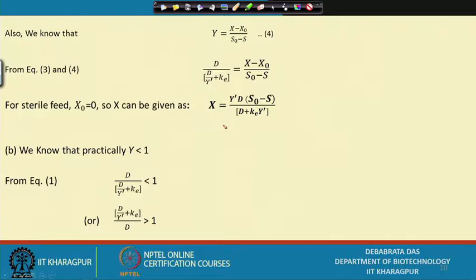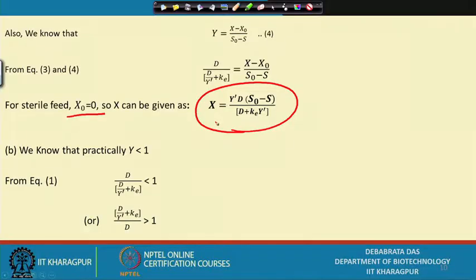So, if we put sterile feed x0 equal to 0, then x can be written as this multiplied by s0. This is the portion of the problem where you have to prove that x equal to Y' D (s0 minus s) divided by (D plus k_e Y'). So, this can be easily proved.